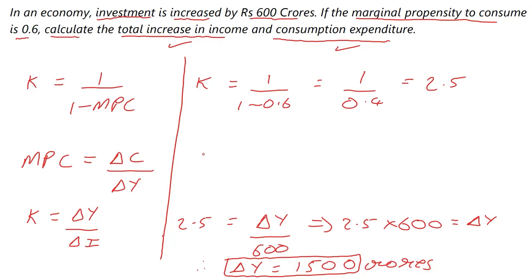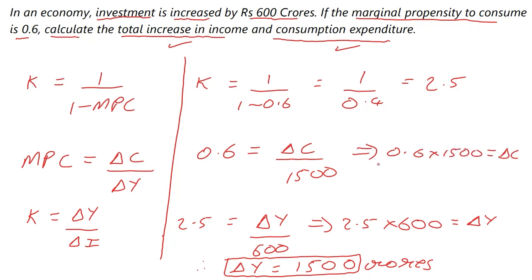Because I have MPC as 0.6, which is equal to change in consumption, which I don't know, upon change in income, which I just calculated over here. So 1500, division goes that side, it becomes multiplication. So 0.6 into 1500 is equal to change in consumption.